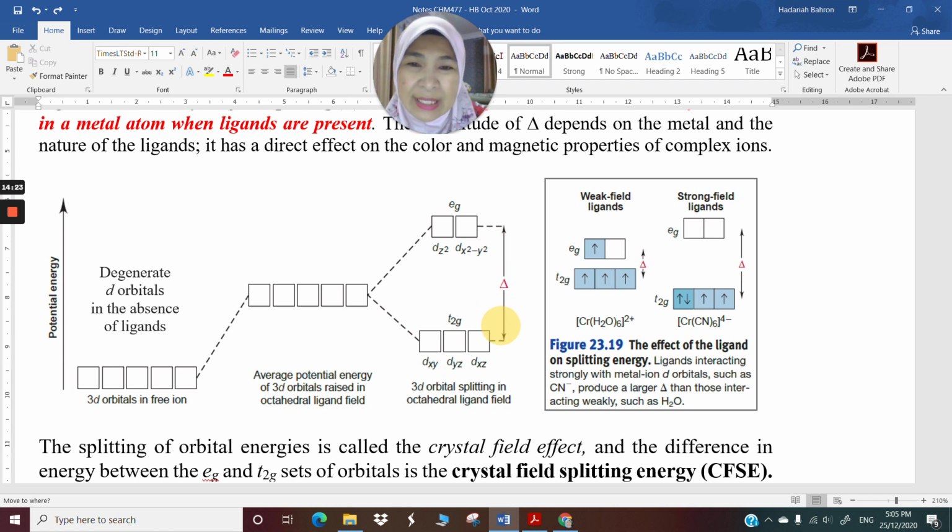You will also see later you have delta tetrahedral and delta square planar, but for now we're concerned about delta octahedral because we are discussing octahedral geometry.